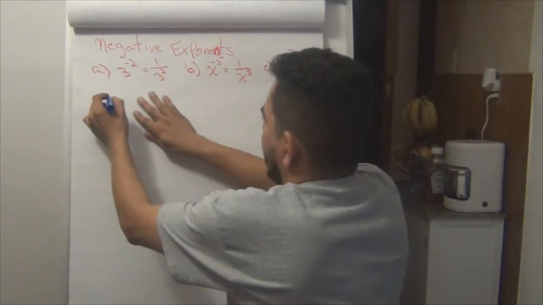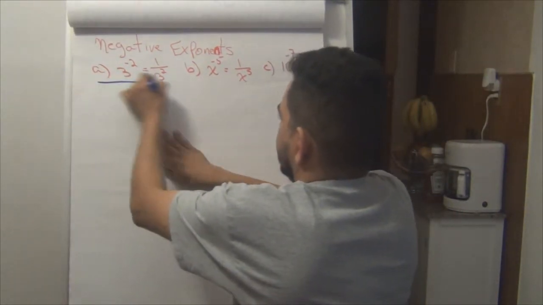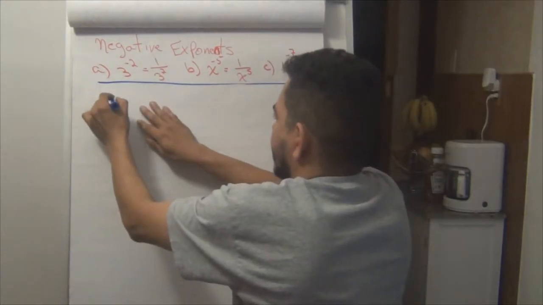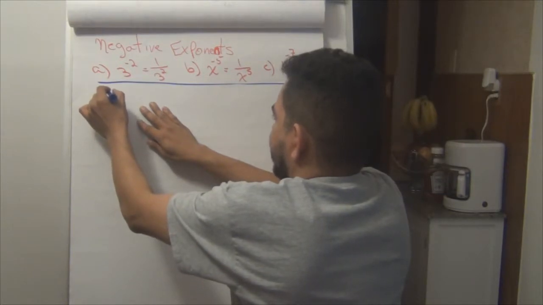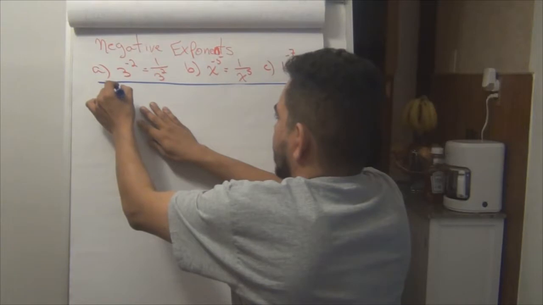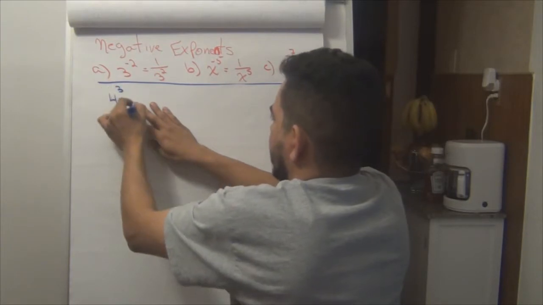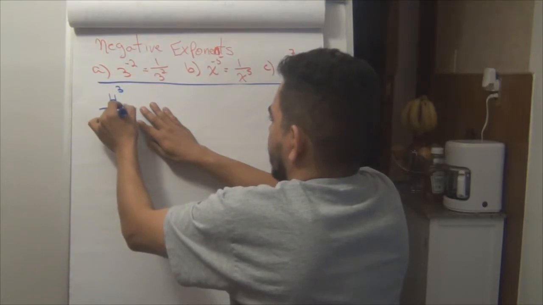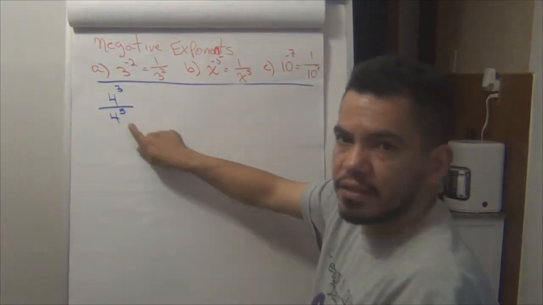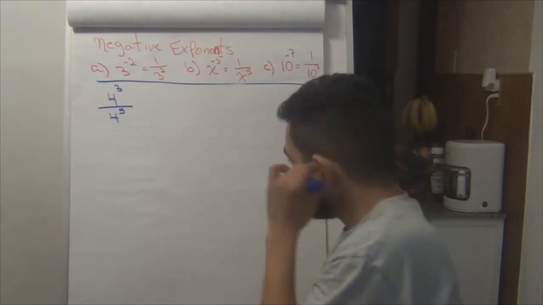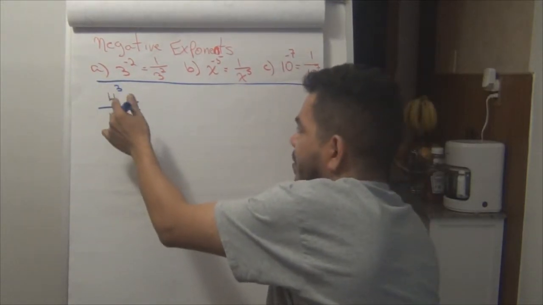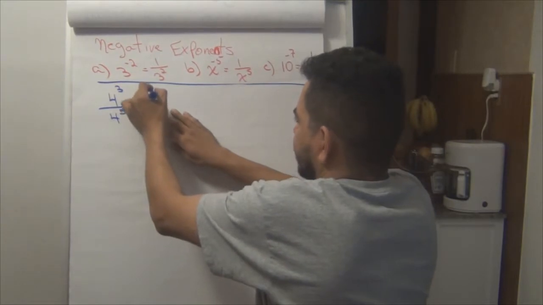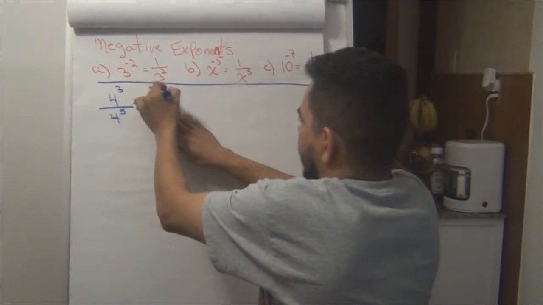Let's say I have 4 to the 3rd divided by 4 to the 5th power. Okay? So if we follow the quotient rule, we know that we have to subtract the exponents.